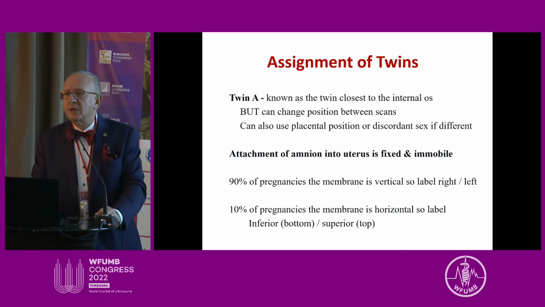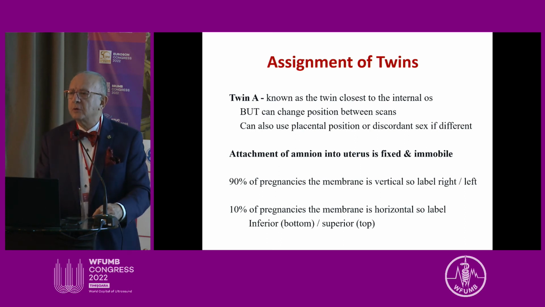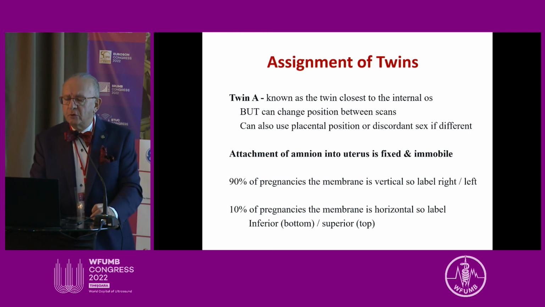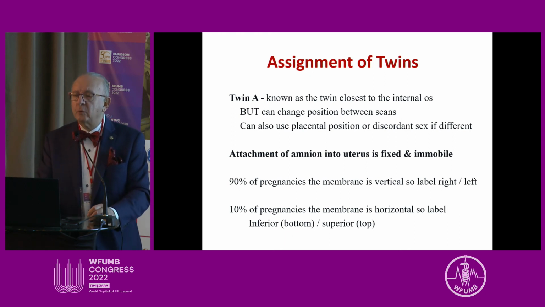How do we assign twins? Usually what we say is the one closest to the internal os is twin A. They can change position, but obviously if there are different genders, a male and a female, it's easier to call them twin A, twin B, because even if they change position, we will continue to call twin A the one that was originally the first one.